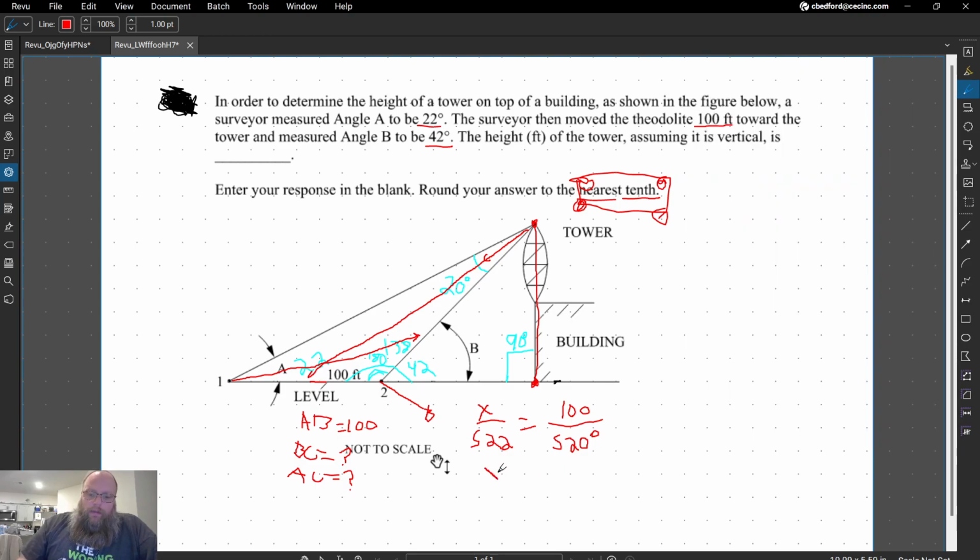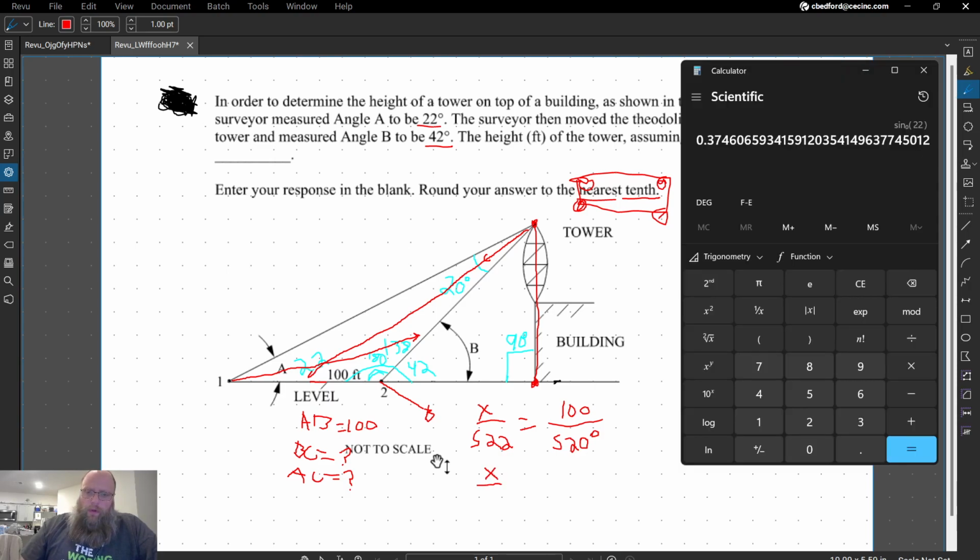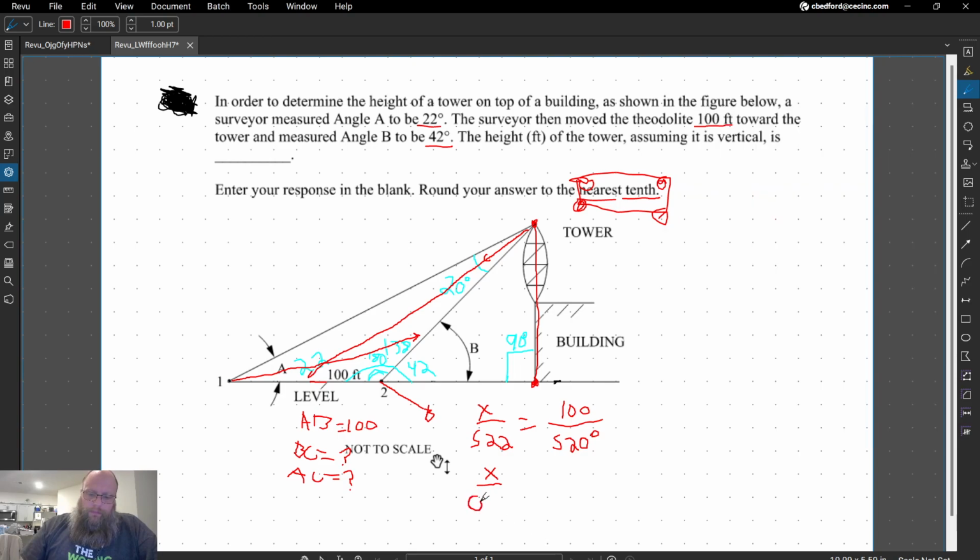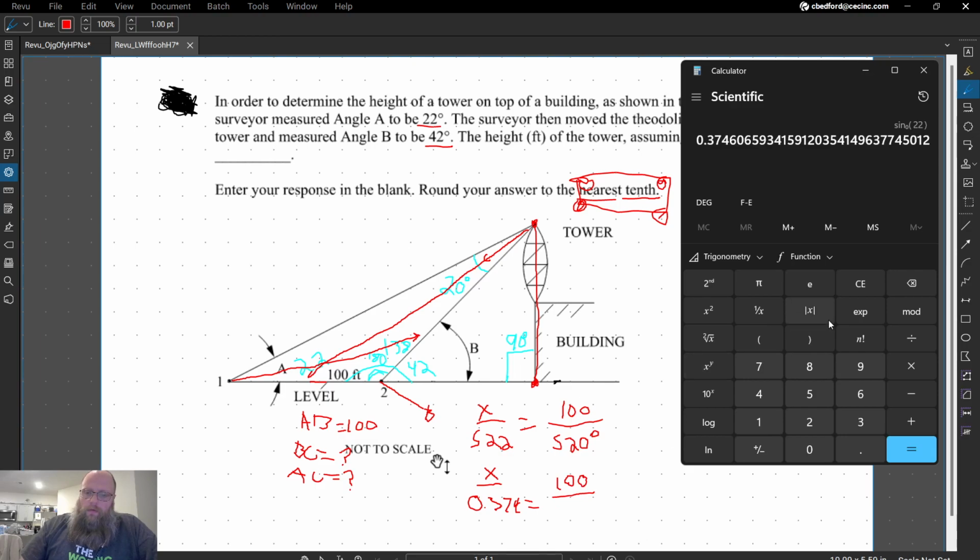So now I've got X over 0.374, which is equal to 100 over, and let's see, the sine of 20, which is going to be 0.342.